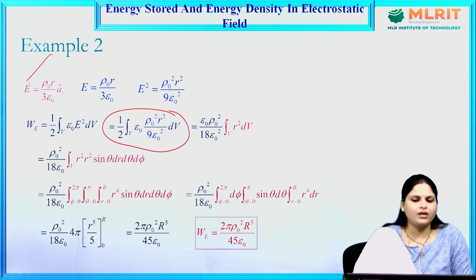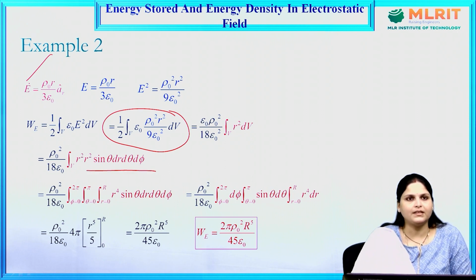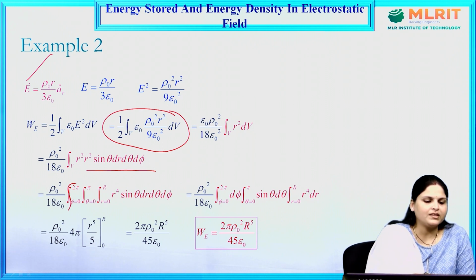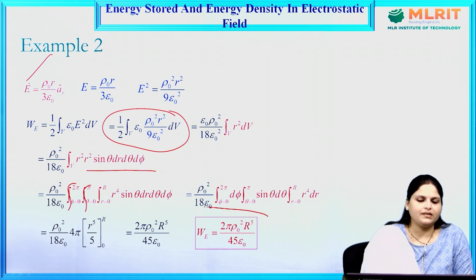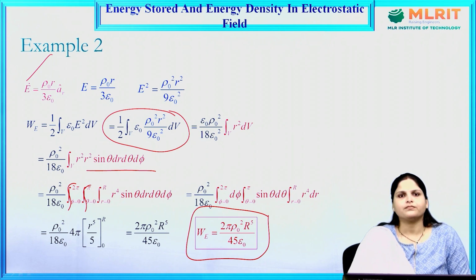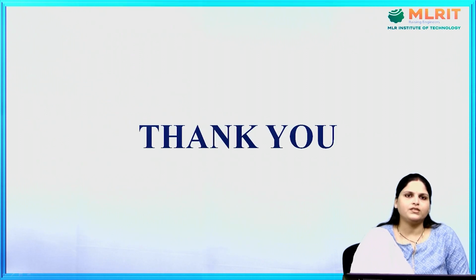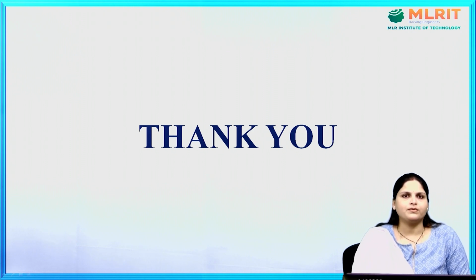Further solving this and taking the spherical coordinate system, we can put dV equals r square sin theta dr d theta d phi, and after putting the limits for r, theta and phi, and solving it, finally we get this answer: WE equals 2 pi rho naught square R to the power 5 upon 45 epsilon naught. So that is how we can use the formulas of energy density and total energy in the system to solve problems. So this was about energy density in the system. In case of any doubt, please write to us. Thank you very much.